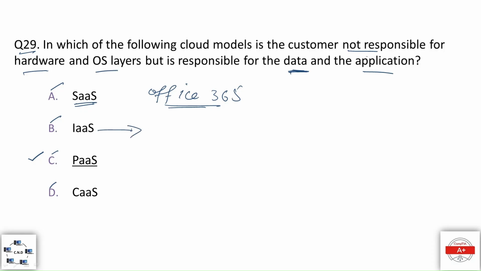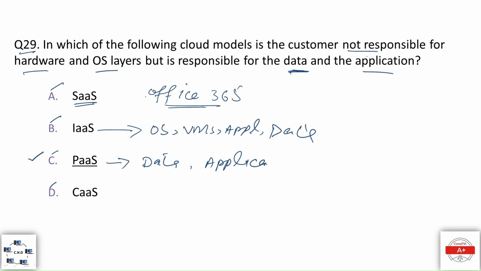Infrastructure as a service, in this platform, the user is responsible for most of the things such as the operating system, the VMs, the application, as well as the data. While PaaS is in between these two. So here the user is responsible for the data as well as the application. The user is required to develop as well as deploy the application.